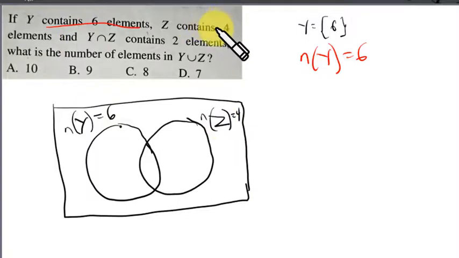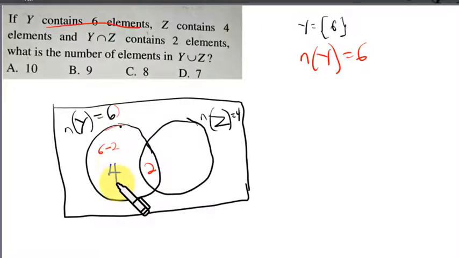I'm told that Z contains 4 elements and Y intersection Z contains 2 elements. So where Y and Z intersect, we have 2 elements here. And if the entire set Y contains 6 elements, yet part of it is 2, then what is left here is 6 minus 2, so what is left here is 4.